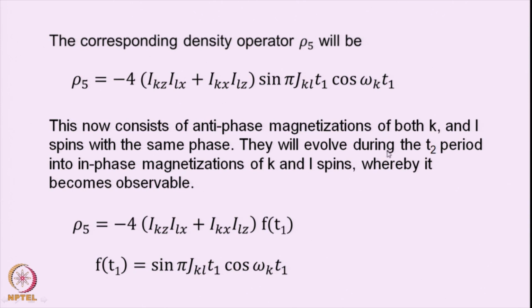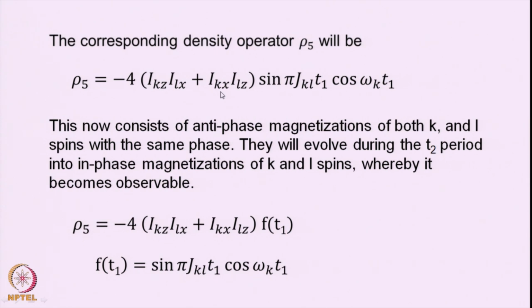So they will evolve during the T2 period into in-phase magnetization of K and L spins, whereby it becomes observable. As such, these terms are not observable. Remember earlier also, when these terms were present after the evolution of T2, we had ignored them because these ones do not lead to observable magnetization as they are, unless they evolve further into ILY and IKY.